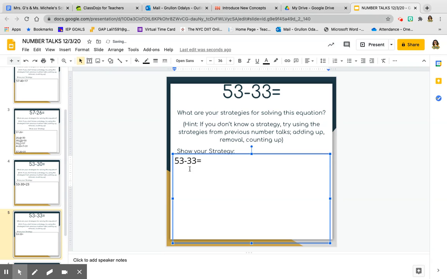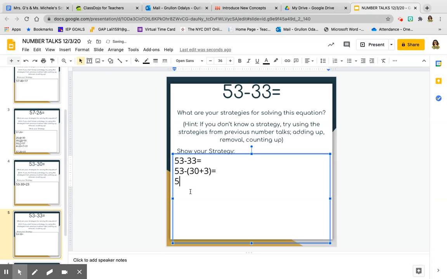So I see that this one is a little more complicated than the one before. So what I'm going to do is I'm going to subtract in chunks. So I'm going to break my 33 apart and rewrite my number sentence with what I've broken apart. So here I have 53 minus 30 plus 3.